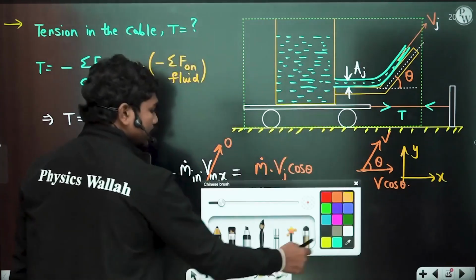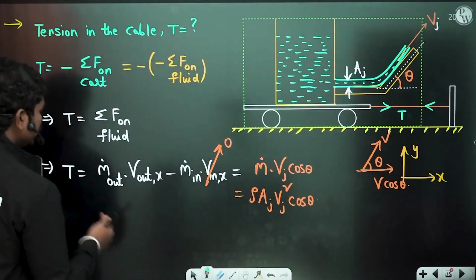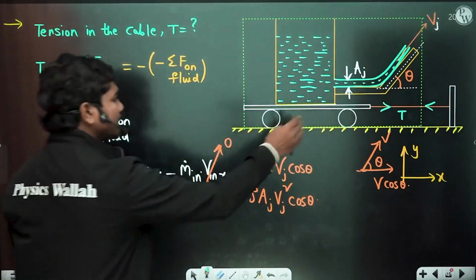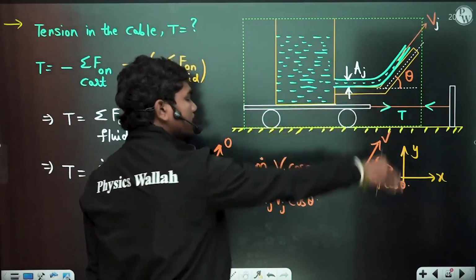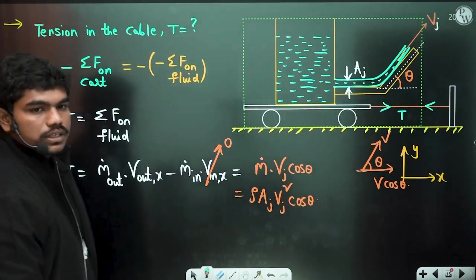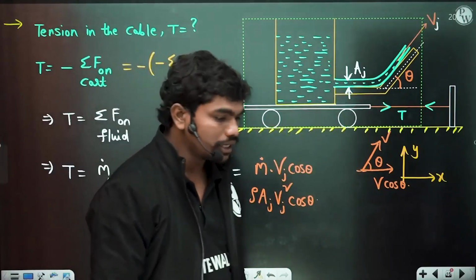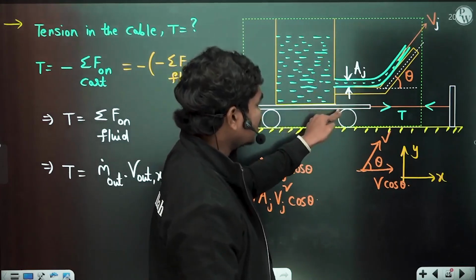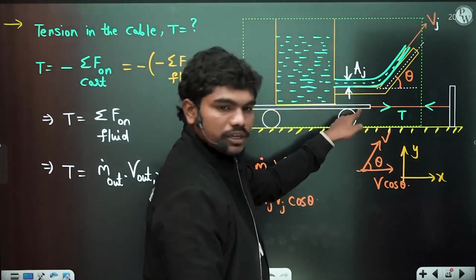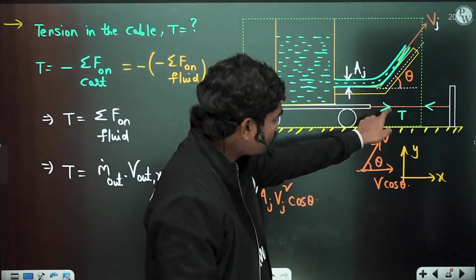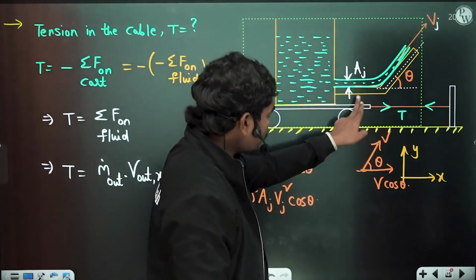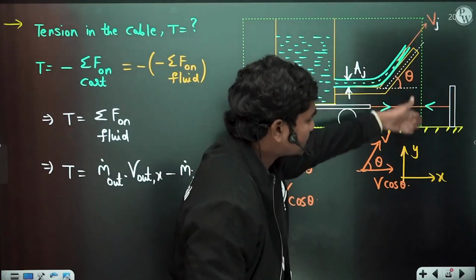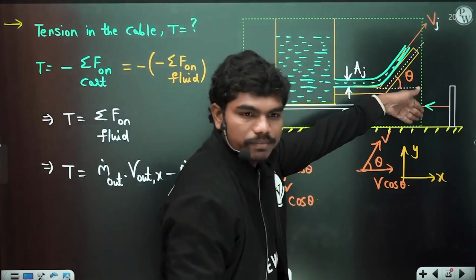So that's how the tension in the cable is found. Obviously, this is a positive value, so the tension is actually on the right side. So how are we taking the control volume, sir? Because I cannot take only this part as the control volume, because this cable is actually connected to the cart. Okay, so if I want to talk about something about the cable, I have to take a cross section in such a way that it passes through the cable.